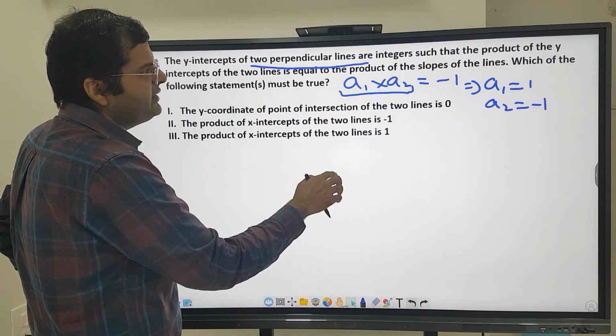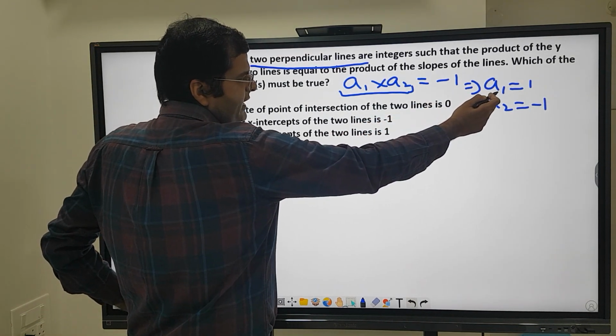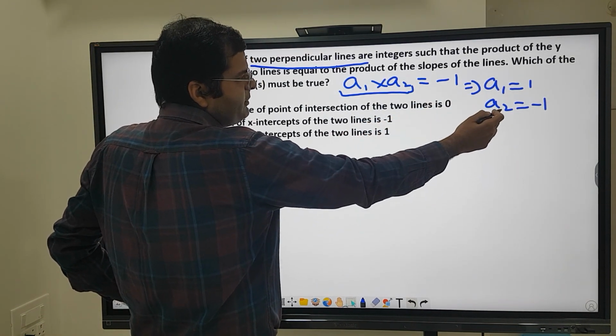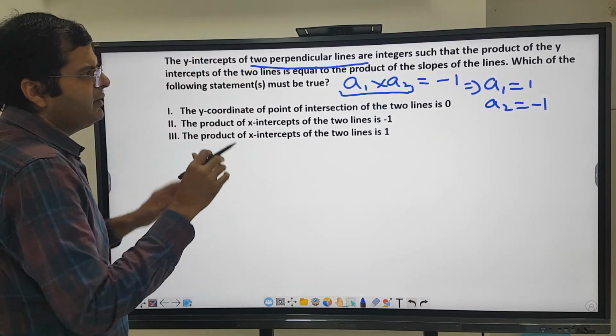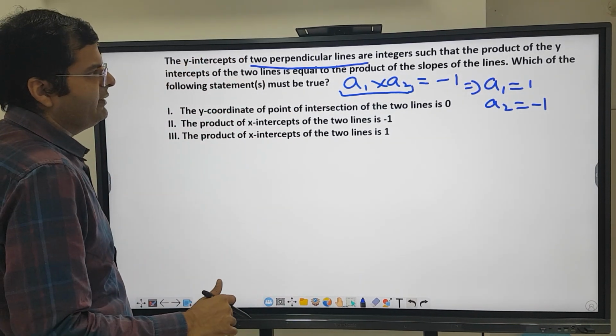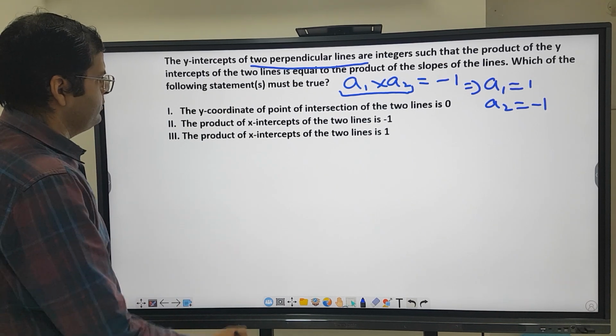So what we conclude is, we'll assume that the y-intercept of the first line, A1, is 1 and the y-intercept of the second line, A2, is -1. Okay, so we have figured out that one of the y-intercepts is 1, the other is -1. This is just the y-intercept. Now which of the following statements must be true?